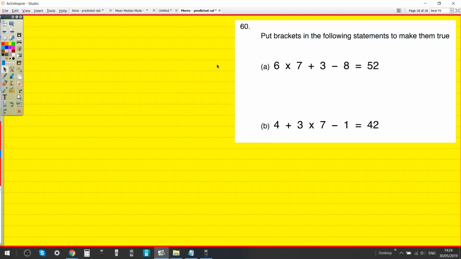So you're now having to put in the bracket somewhere to break the BODMAS order, so that you do something else first.